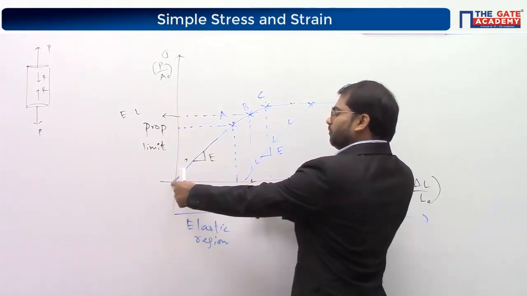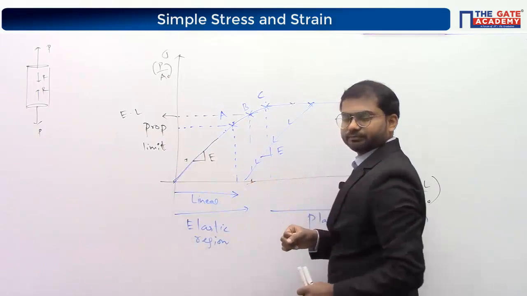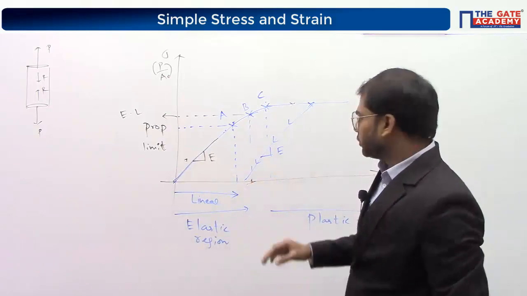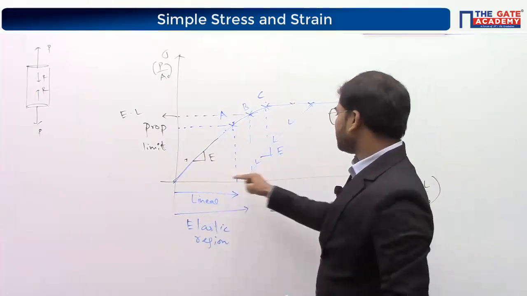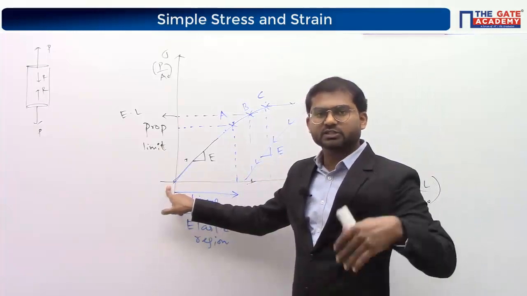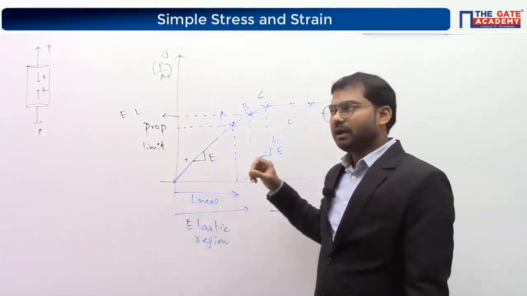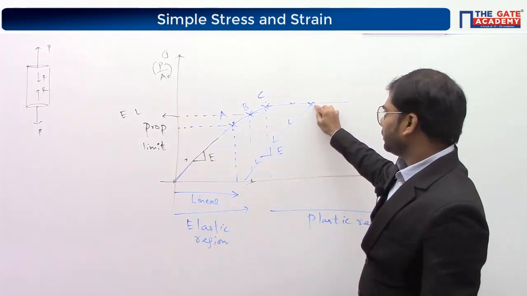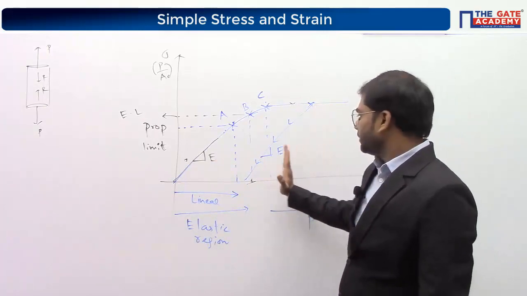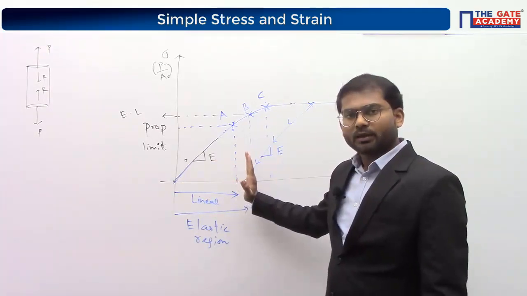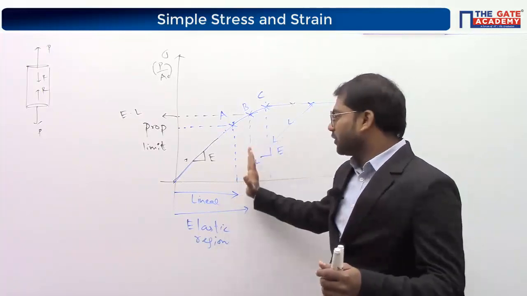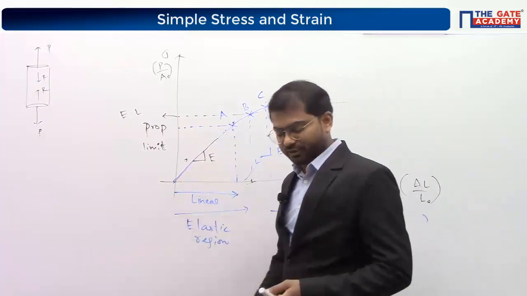So this amount of permanent strain will be there. You will never reach the origin where there is zero strain, zero stress. So from here, it decreases the value of strain, and you'll be having some non-zero value here.